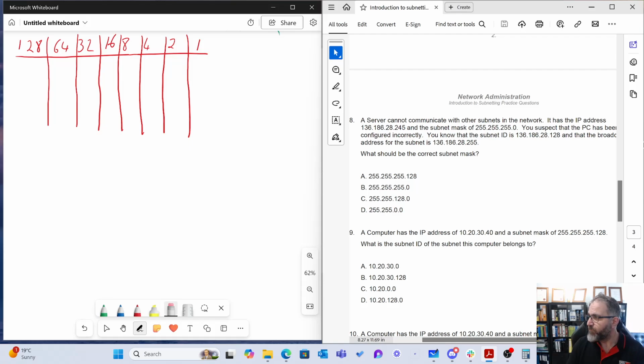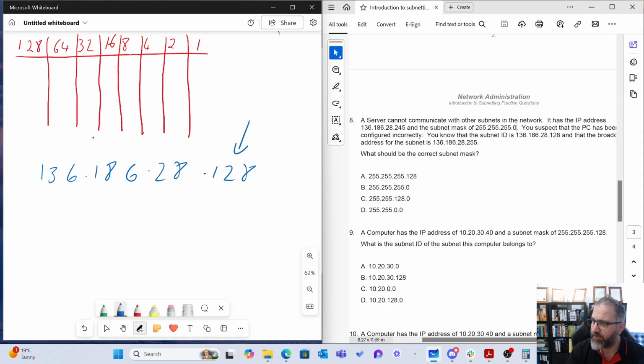And let's do this. So what are we looking at that's interesting here? Let's look at the facts. We've got a subnet ID, which is, remember, the first IP address in the network that's not usable. We can't use it, but it's the first one. 136.128.128. Now that's interesting.